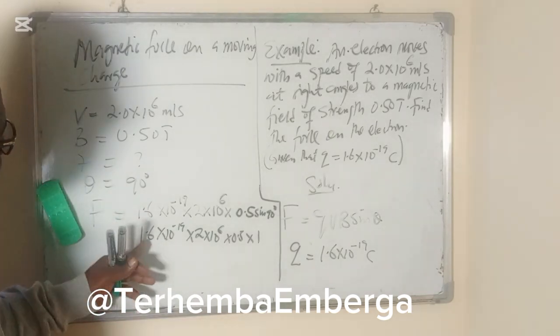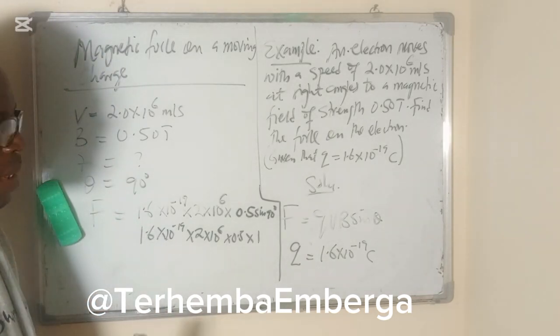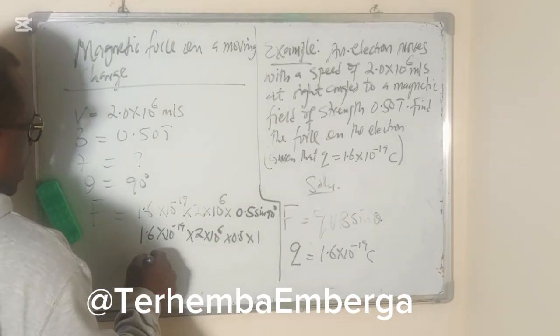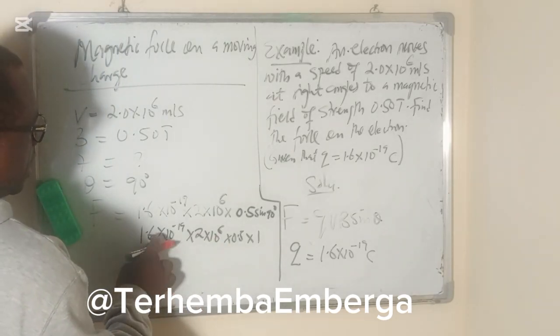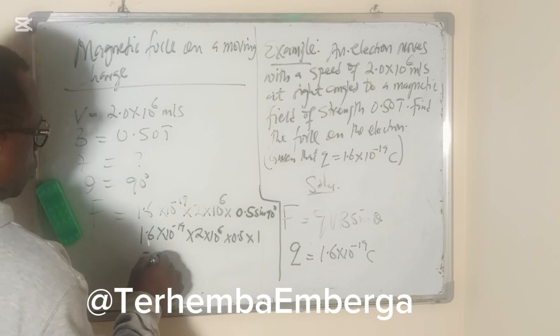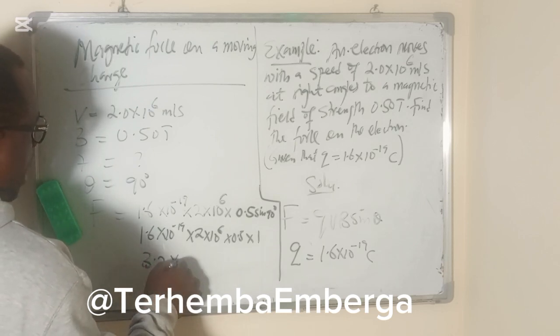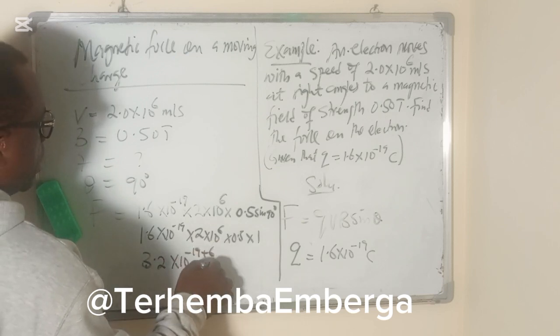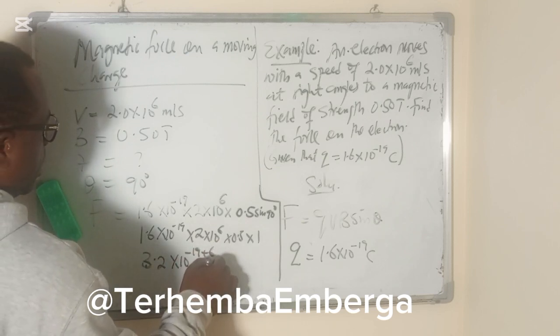So at this point, students are always tempted to use the calculator. So we can say that 1.6 times 2 is about 3.2 times 10 raised to the power minus 19 plus 6. Is that right?